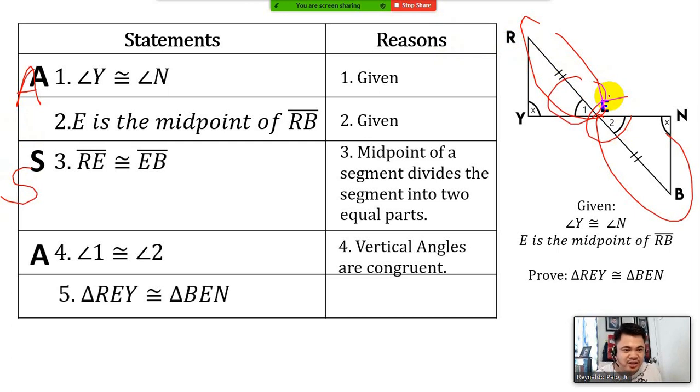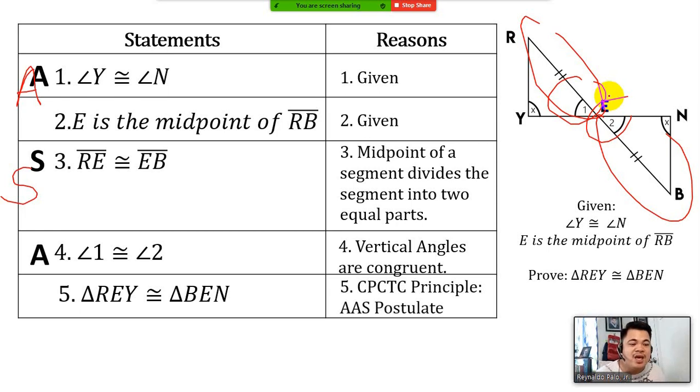Okay, so as you can see, it's not that we didn't follow AAS, rather it became ASA. But it's the same as AAS based on the illustration and based on the given. Alright, so we can say that triangle REY is congruent to triangle BEN because of CPCTC principle or AAS postulate.